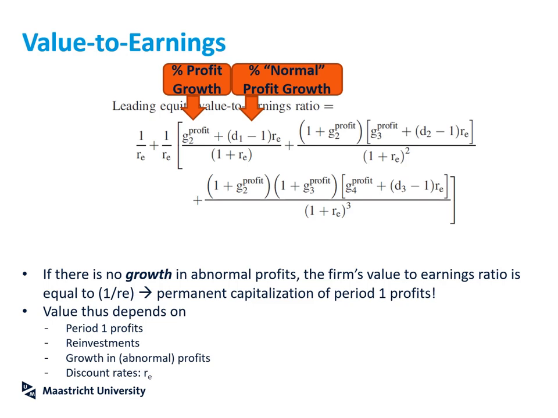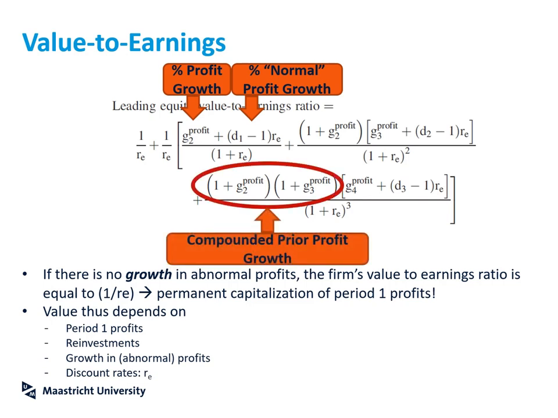Now, and we saw this also when we looked at the value to book ratio, we have to take into account that in subsequent years we have profit growth on profits that have grown in previous years as well. So if we look at the profit growth in year 4, this percentage of growth is earned on profits that have grown in year 2 and year 3 as well.